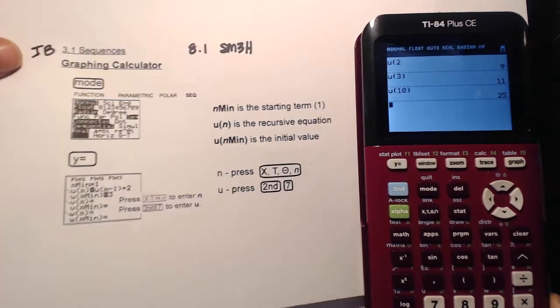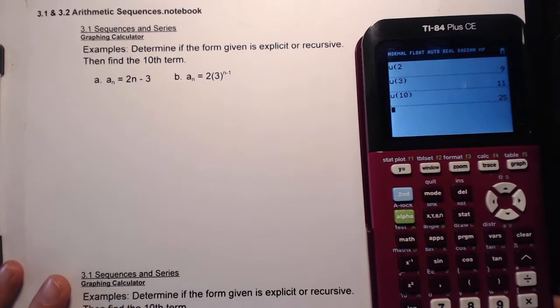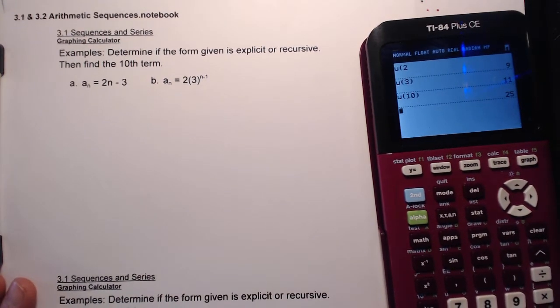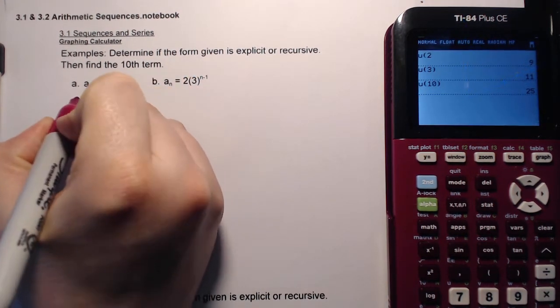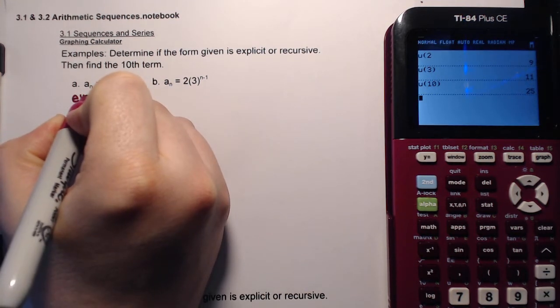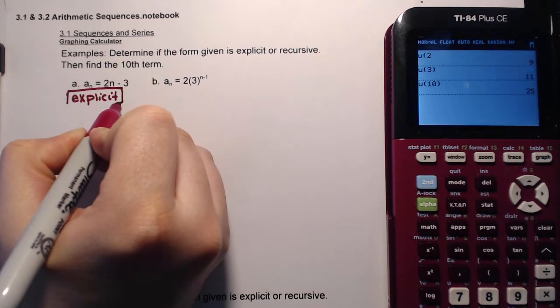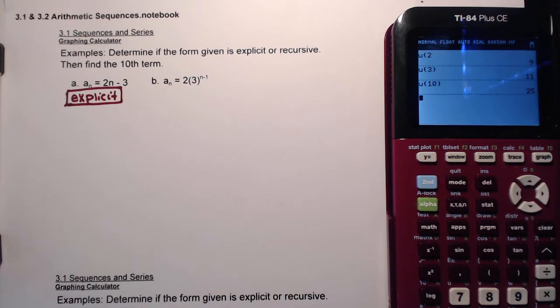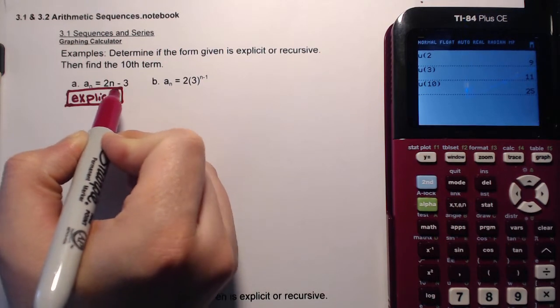So then we have some examples. If I want to determine if the form is explicit or recursive and then find the 10th term, this first one is going to be that explicit formula. Because it's not relying on a previous term, it's just saying, hey, take what term you're looking at, multiply it by 2, subtract 3.